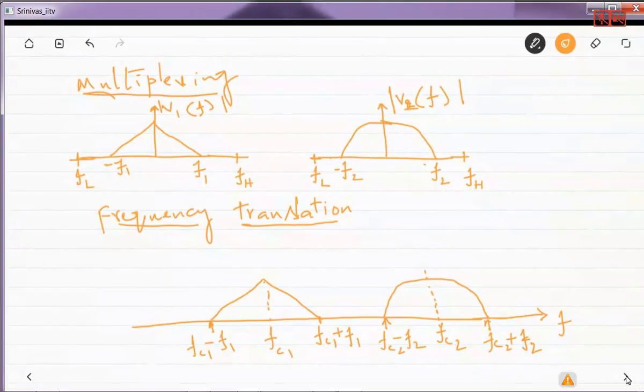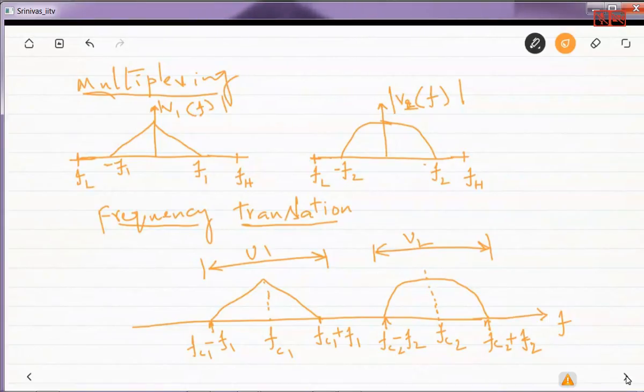So this is the frequency range occupied by user 1, right? This is for user 1 signal, and similarly for user 2, this is the frequency range occupied.